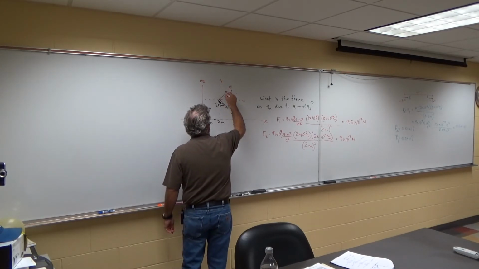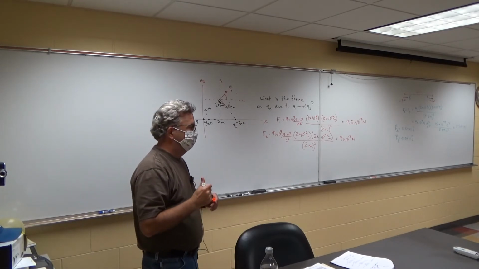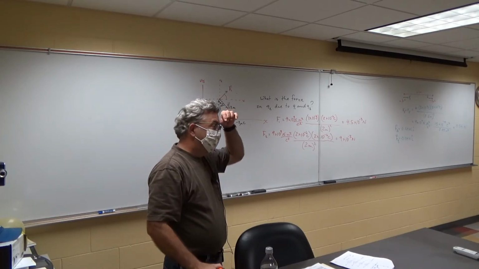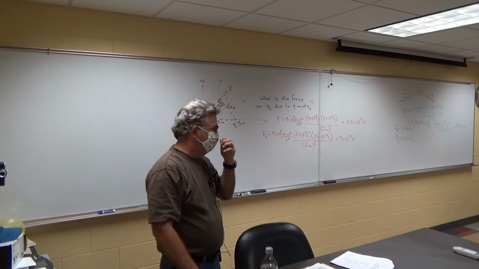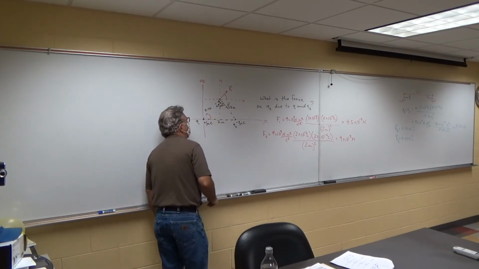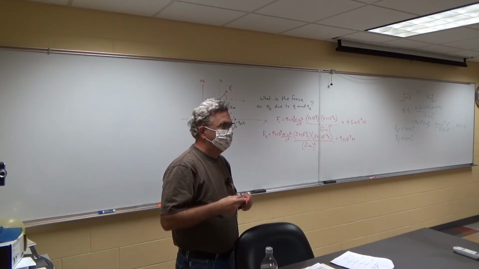What is this angle? Interior angles or exterior angles of parallel lines. What is this angle? It's an equilateral triangle.